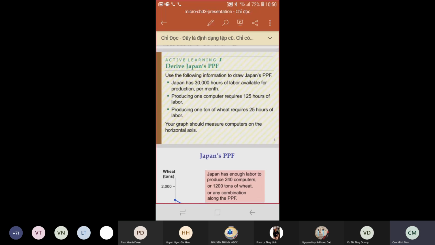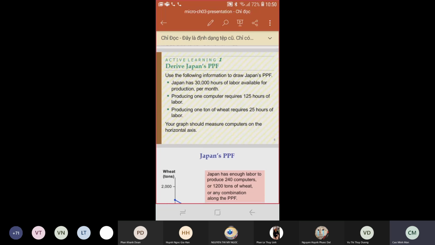Okay, this is the Japanese situation. See that? Japan has 30,000 labor hours.